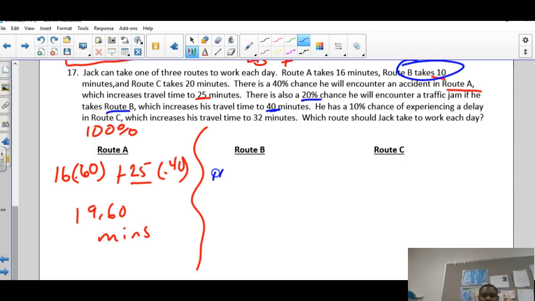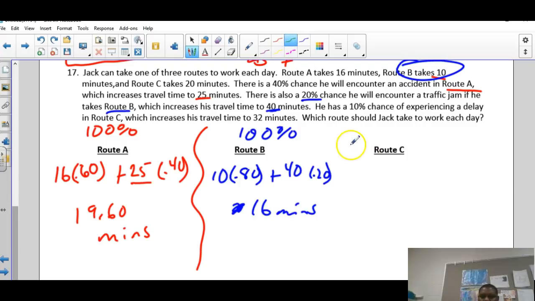So again, it took 10 minutes, but I know that there's a traffic jam that's going to cost me 40 minutes, and there's a 20% chance of that. So again, you've got to have 100%, right? So 100 minus 20 is 80. So here's my equation: 10 times 0.8 plus 40 times 0.2, and that's going to give me 16 minutes.